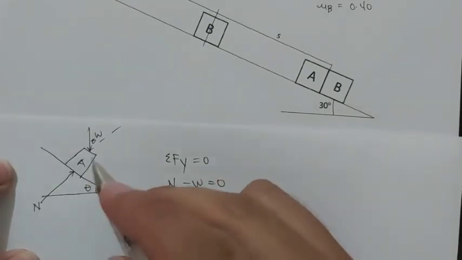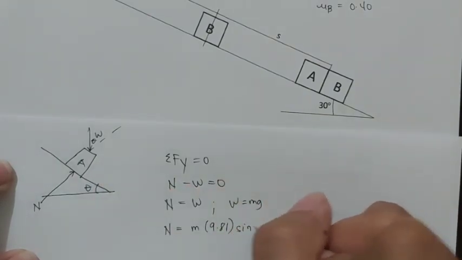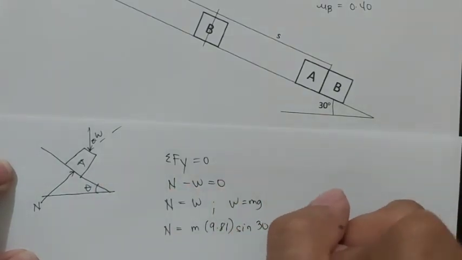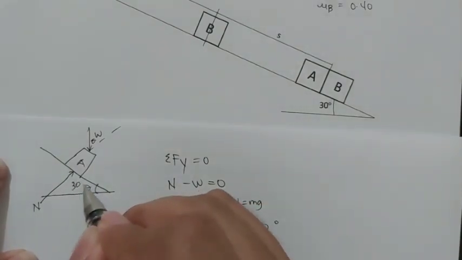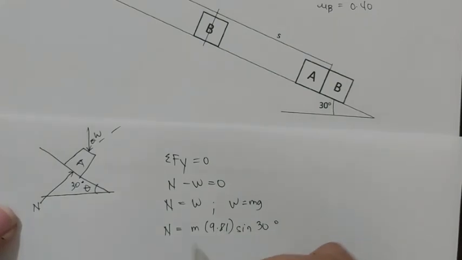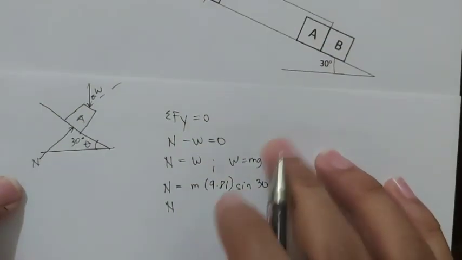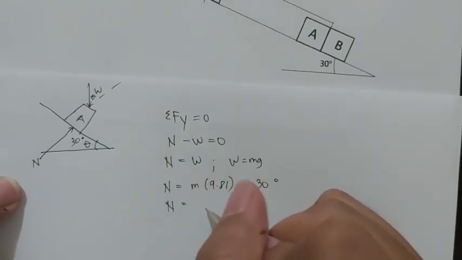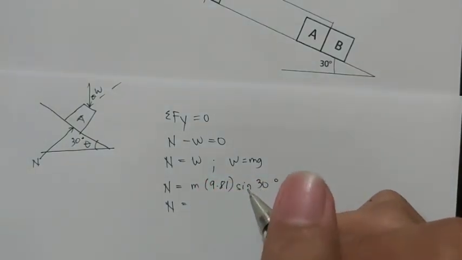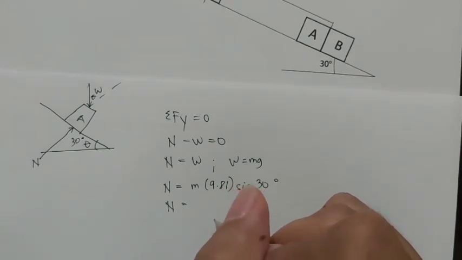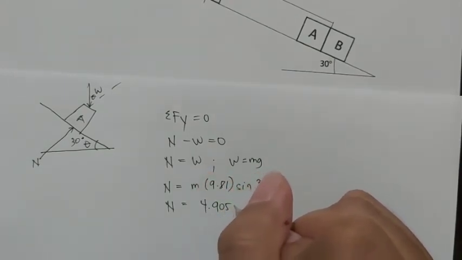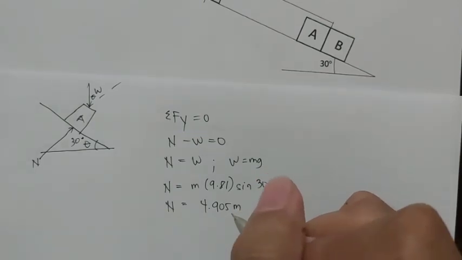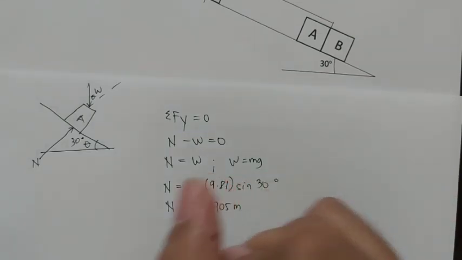Then we have sine 30 degrees, yung theta natin. Then we have normal force. Value natin for normal force is equal to 9.81 sine 30 is equal to 4.905 m, our mass.